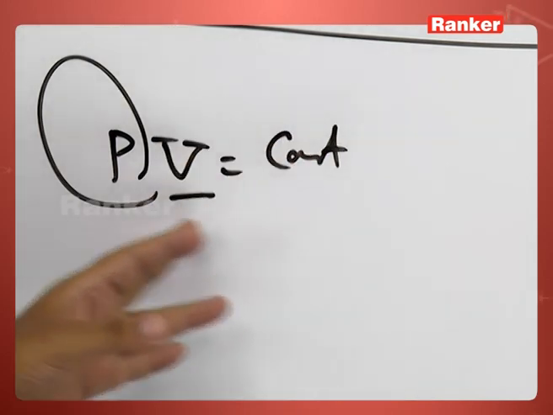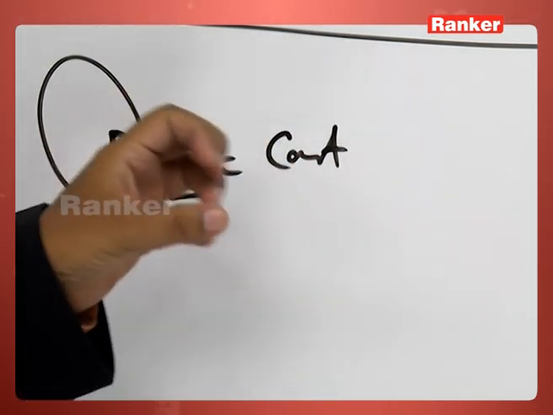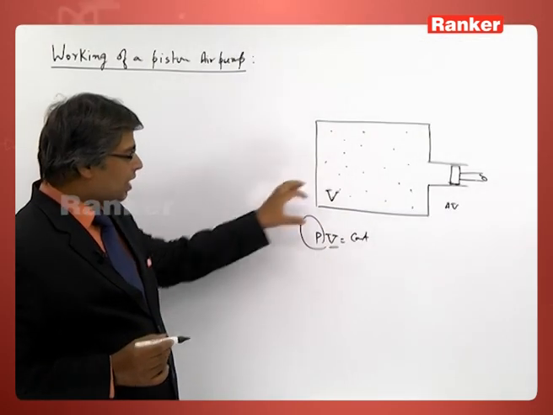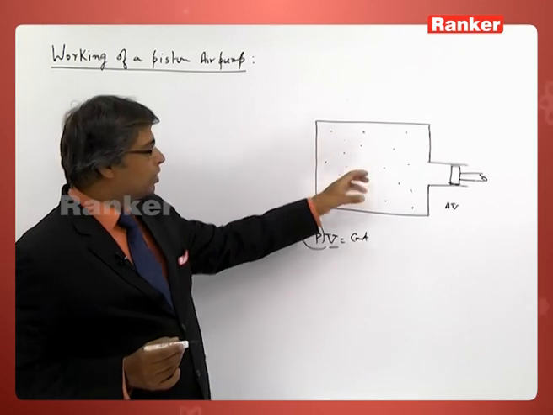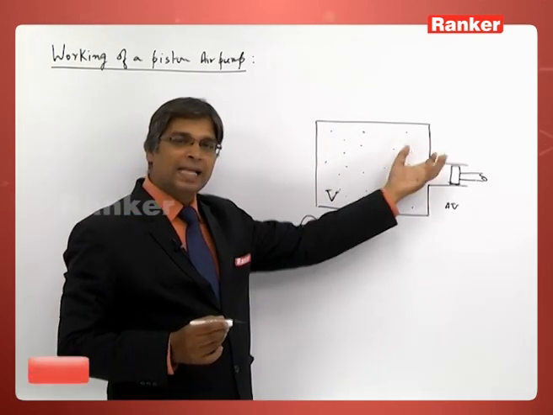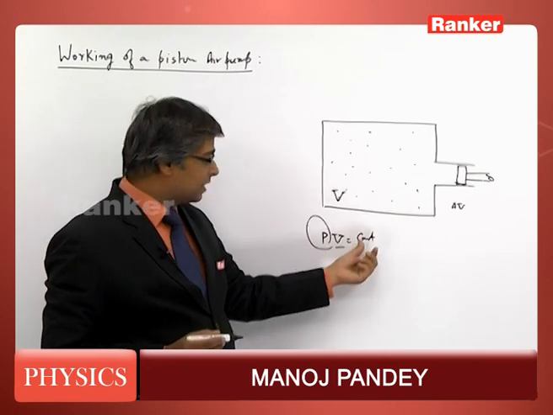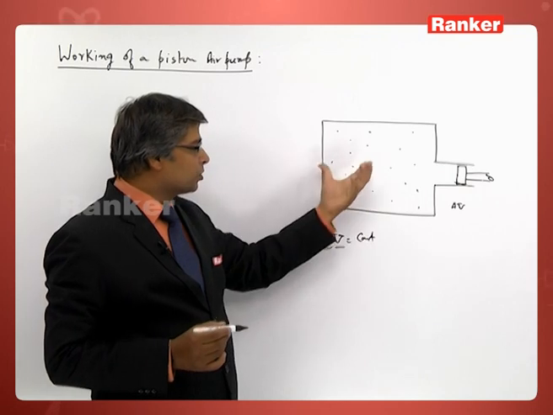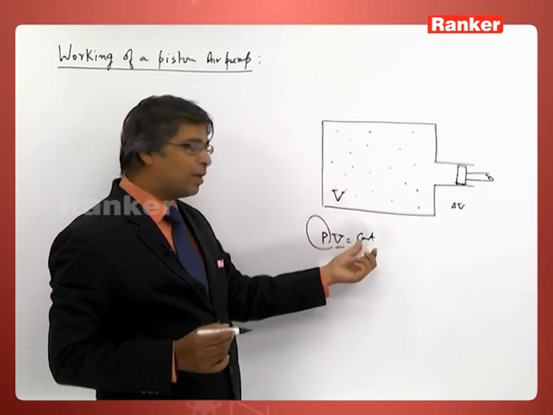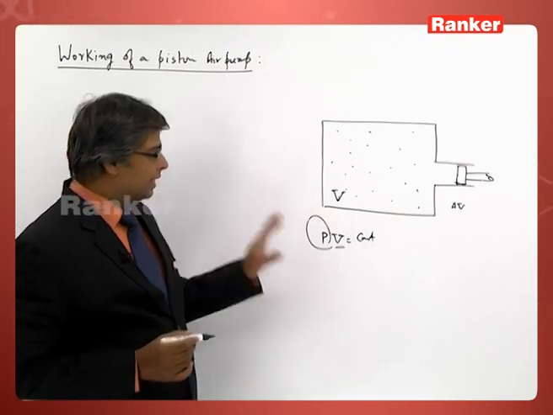But this law is true if the number of moles is constant, that is, the given mass of the gas is fixed. But what is our purpose here? We want to create low pressure. So we are taking out some gas, some moles, so the number of moles is decreasing, and the remaining gas occupies the same volume. So V is constant, the number of moles is decreasing, so the pressure should decrease.